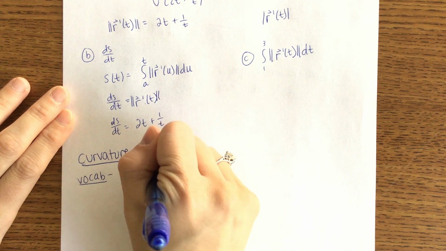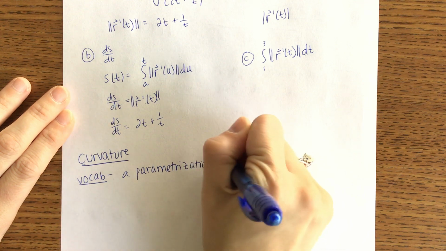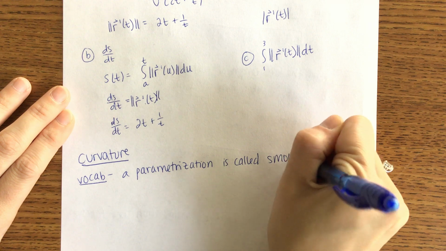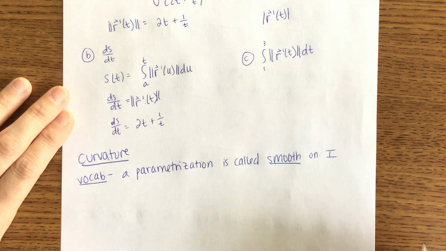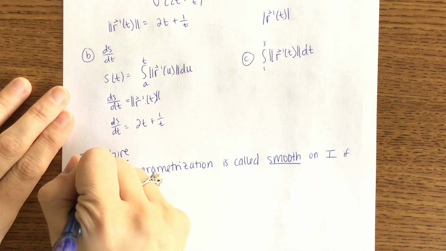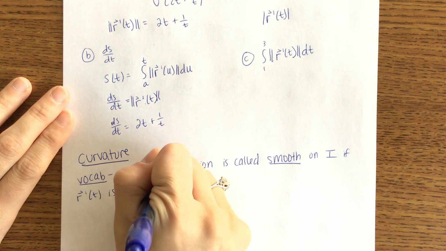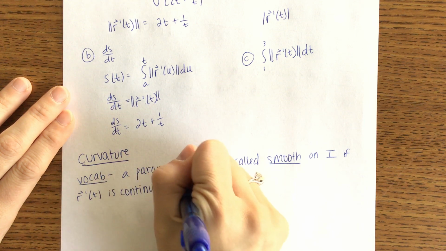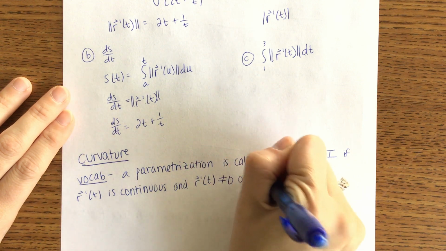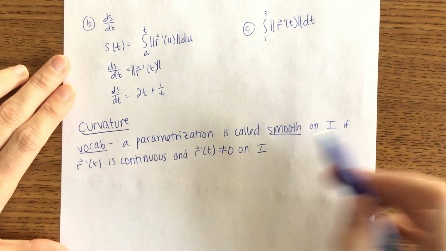A parameterization is called smooth on some interval I if r prime of t is continuous and r prime of t does not equal 0 on I. So it can never equal 0 anywhere in the interval.